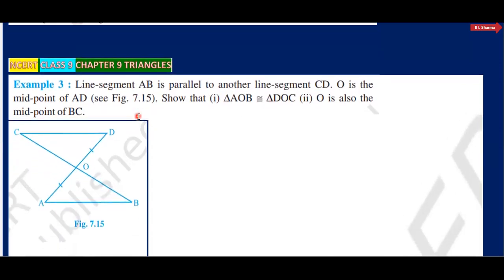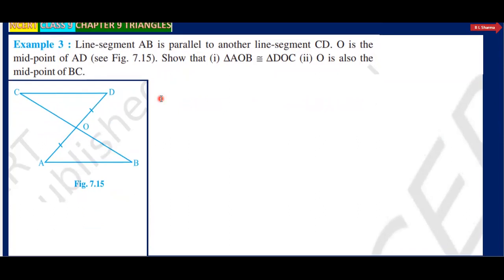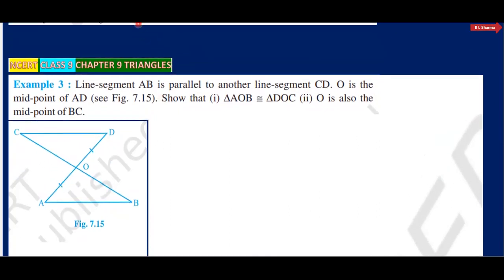So example number 3 is now on your screen. Line segment AB is parallel to another line segment CD. Means ये line segment AB और ये CD दोनों parallel है.